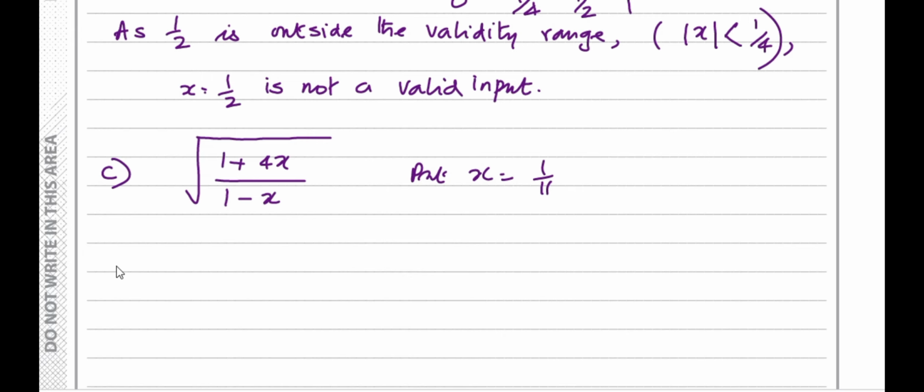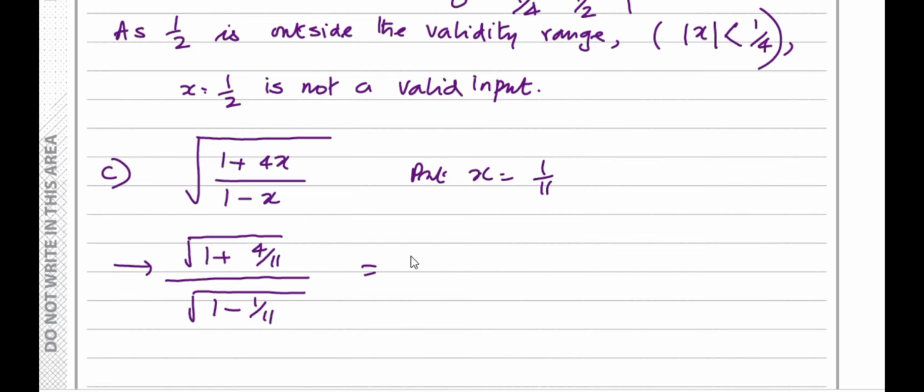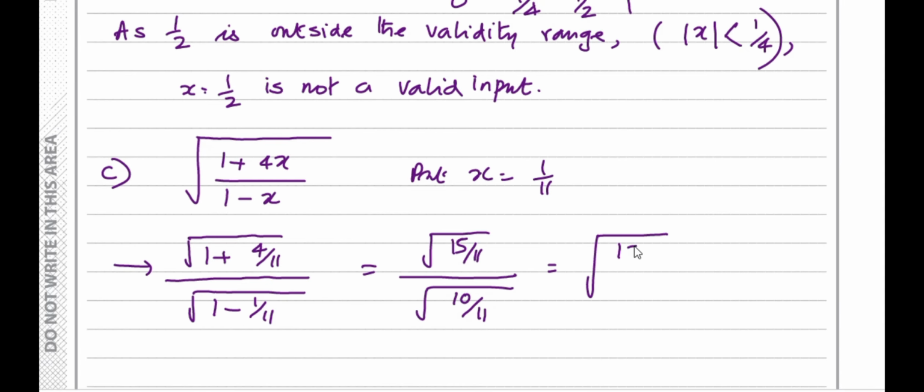Okay, so that is square root of 1 plus 4 over 11 divided by square root of 1 minus 1 over 11. That simplifies to square root of 15 over 11 divided by square root of 10 over 11. So basically it is going to be square root of 15 over 10.